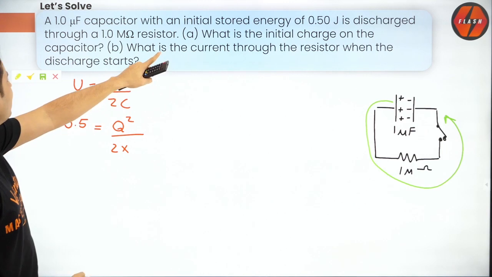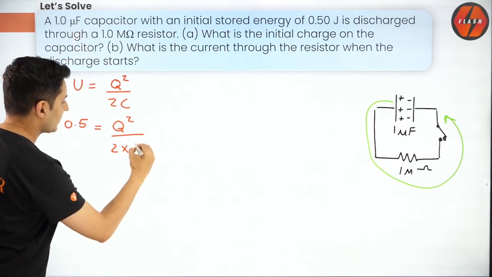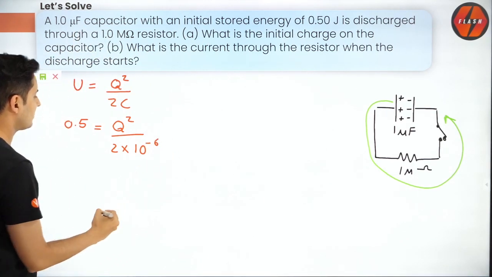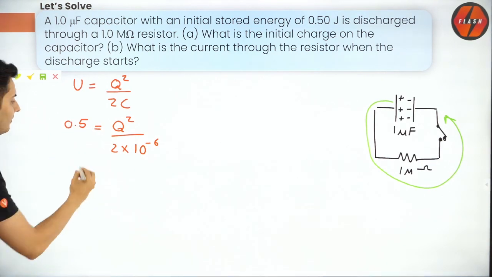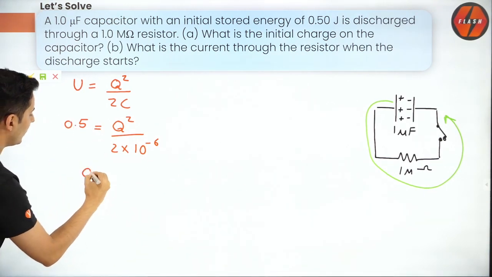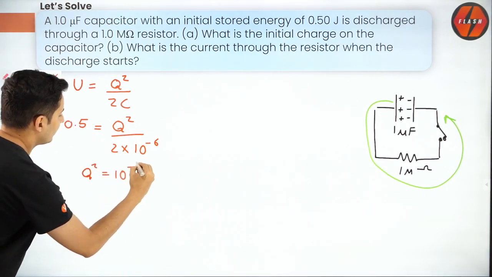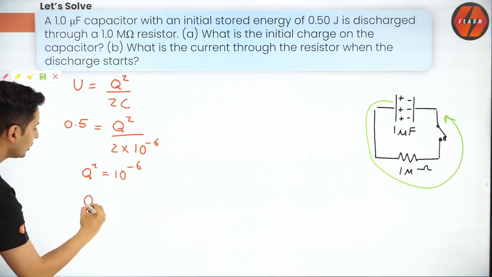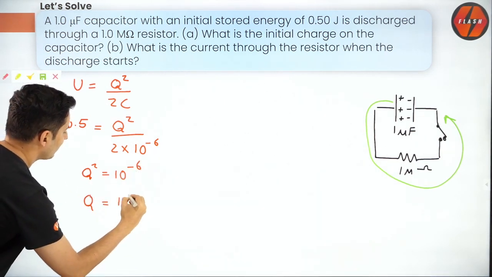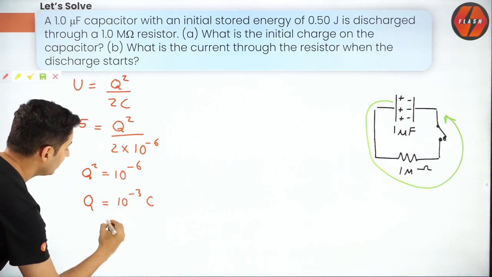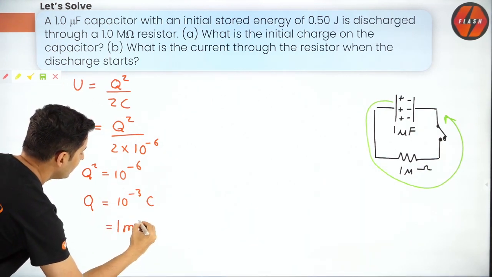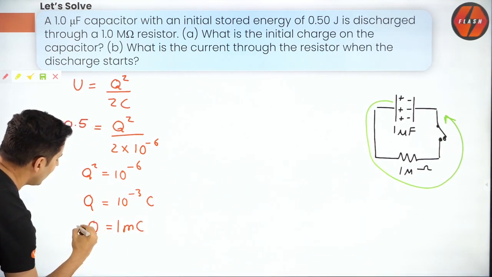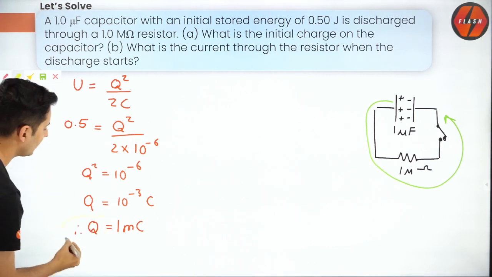What is the capacitance? It is 1 microfarad, that means 10 to the power minus 6. 2 into 0.5 is 1. So Q square will become 10 to the power minus 6. Therefore, Q will become just 10 to the power minus 3 coulomb, which is nothing but 1 millicoulomb. That's the answer to the first part of the question.